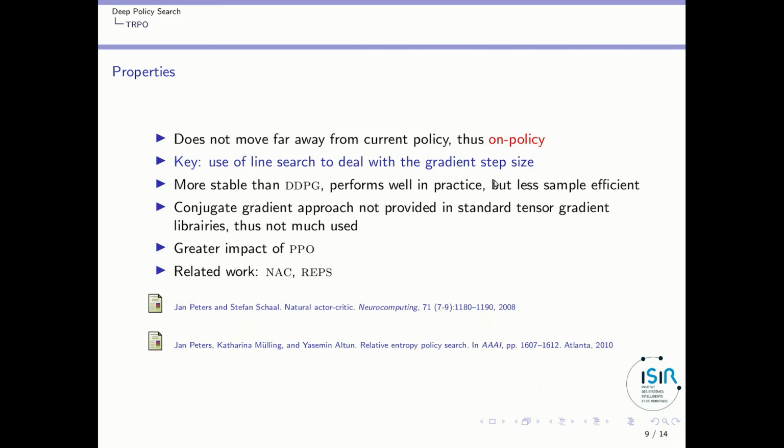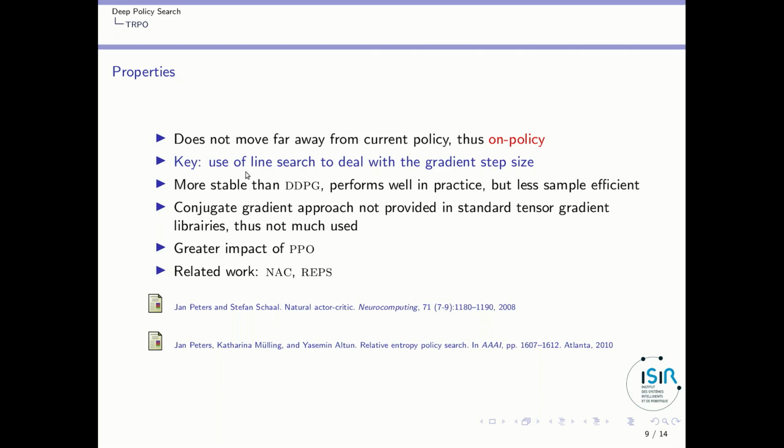You need to tune a gradient step size, and you can do it just by looking for different values more or less randomly, or you can use a line search. So you start with, let's say, a high value, and if it's too high then you move to a lower one, etc., until you get something which is accurate.